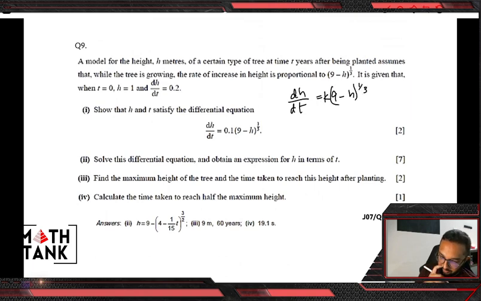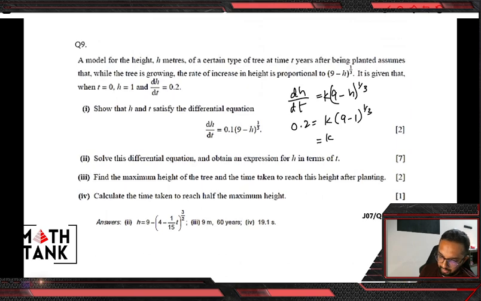It is given that t is 0 and h is 1. Show that h and t satisfy the differential equation. That's simple. You can just replace it with 0.2 = k (9 minus 1) to the power 1/3, and that gives you 2, so k equals 0.1. So that's your first part.